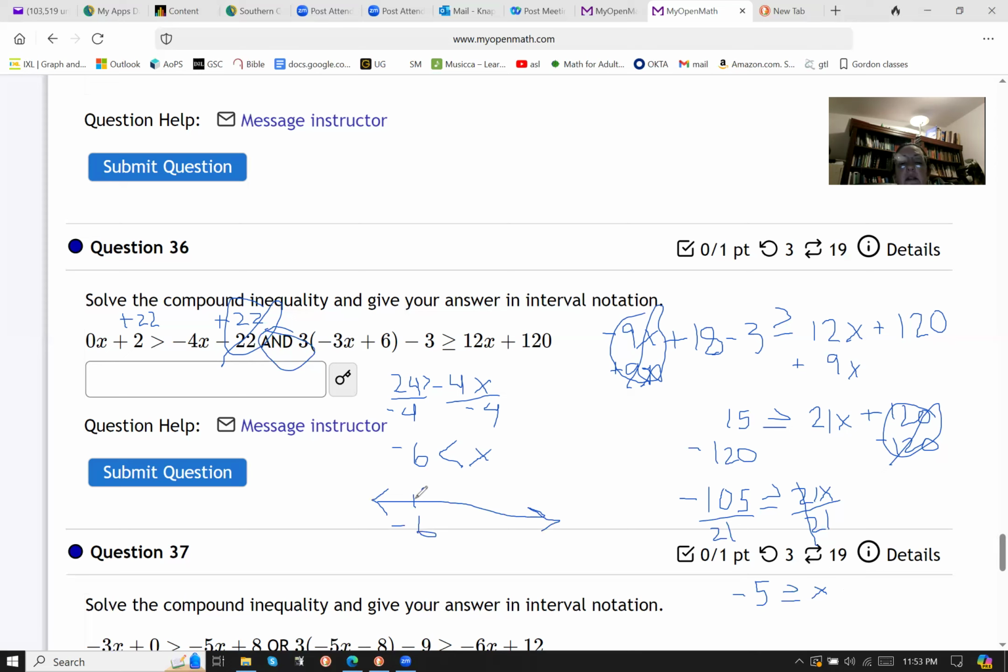Put on a parenthesis, point it to the right. And then x is less than or equal to -5. So we put on a -5 here and go to the left of the -5. All the numbers smaller than or equal to -5.